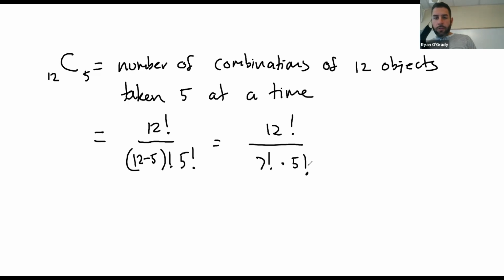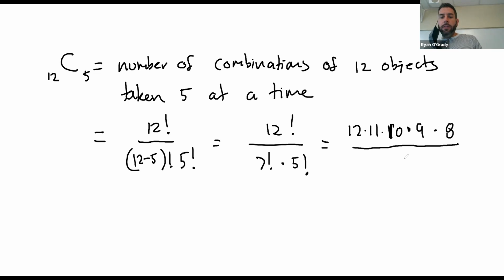And there's lots of different ways you can think about how to determine this number. You could go to a calculator if you want. The first thing I'll do is write this as 12 times 11 times 10 times 9 times 8 upstairs. And then all that's left is the 5 factorial downstairs. So the 7 factorial downstairs can cancel out the 1 through 7 upstairs because it's all multiplication.